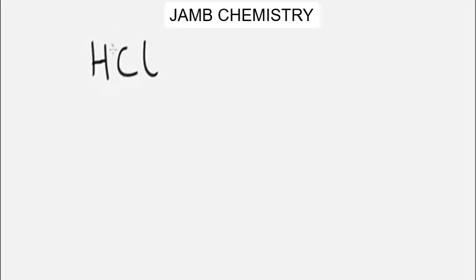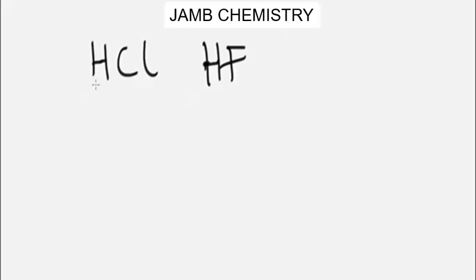We have covalent bonding in this compound. Another similar example is hydrogen fluoride. So this is a molecular compound. Halogens can form molecular compounds, and these have covalent bonding in them.